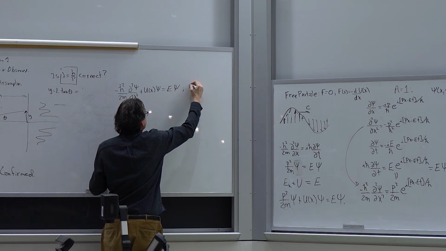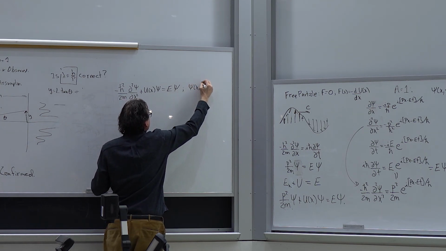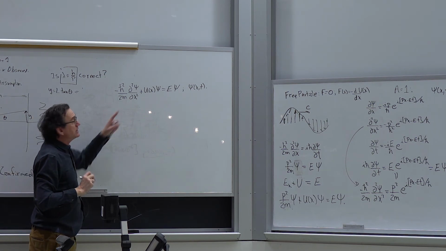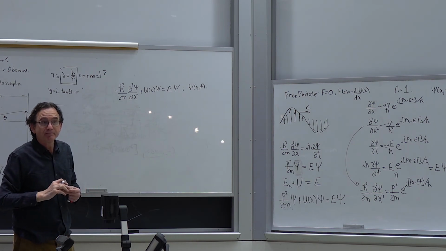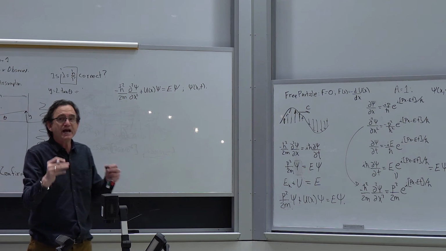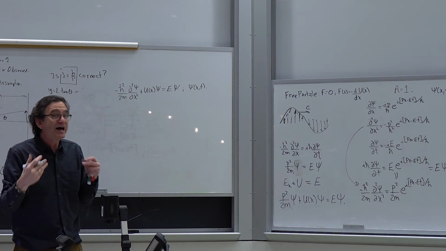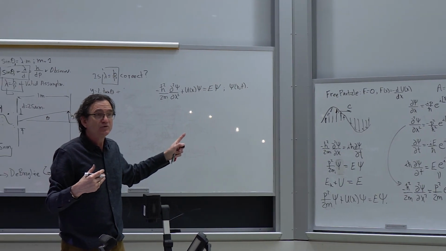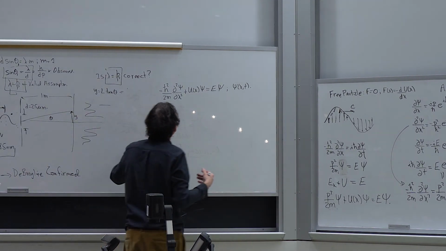And psi is a function of x and t. So now I have an expanded equation for psi. And in general, if there's a force acting on a particle, I am not going to know the answer until I solve this equation. So this becomes what's important.